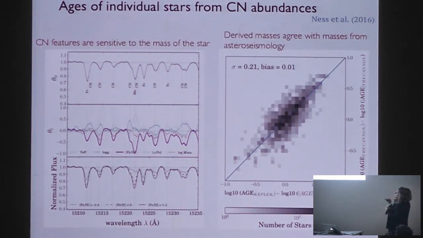This means that in principle, if you could distinguish the dependence on log mass from the dependence on all the other parameters, which is a bit tricky, but in principle, if you could do that, you could measure mass from the spectrum. If you measure mass from the spectrum of any giant, then you will know the age of the stars, okay?